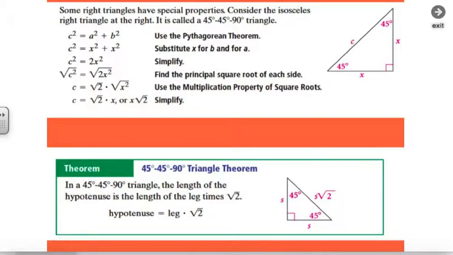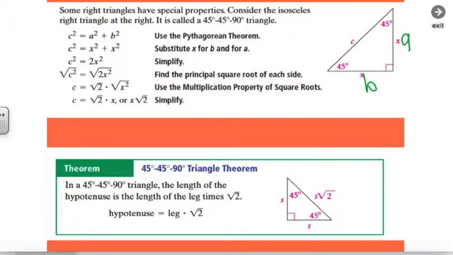You'll see that we have our leg, so this could almost be our a, and this can be our b. So that's what they did. They have c squared is equal to a squared plus b squared, and then they plugged in the two x's because those are the measures for our a and our b.